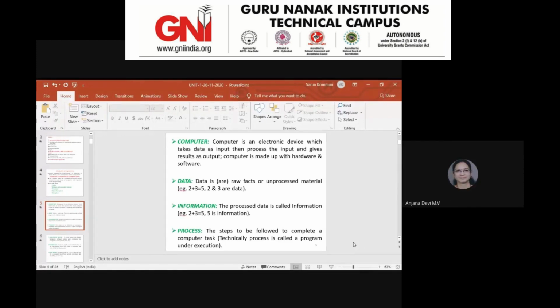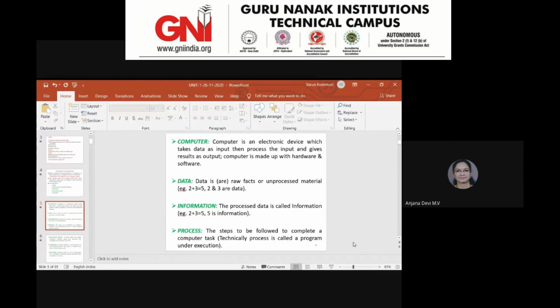What is the data? Data is nothing but unprocessed material. What unprocessed materials have we collected here? Banana, milk, and sugar. These 3 are the unprocessed materials. After that we processed them, that means we mixed these 3 materials in the mixie jar. Then we got the information in the form of banana juice.